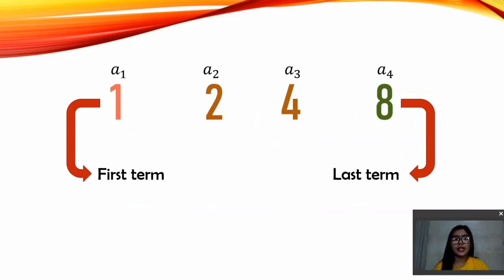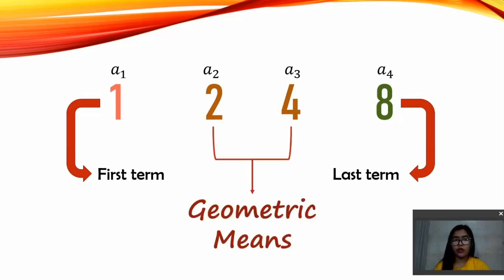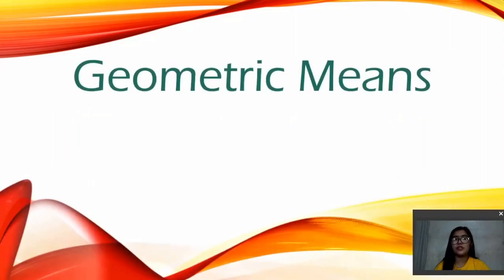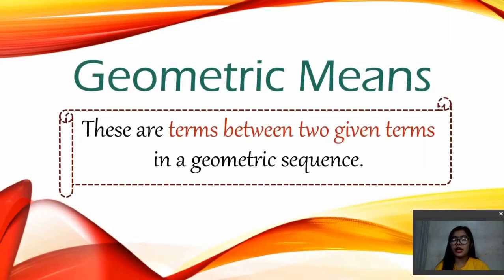What about the second and the third terms, 2 and 4? So, 2 and 4 are the geometric means. And from this example, we can define geometric means. So, geometric means are terms between two given terms in a geometric sequence.